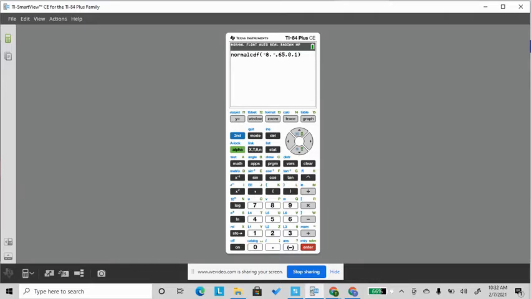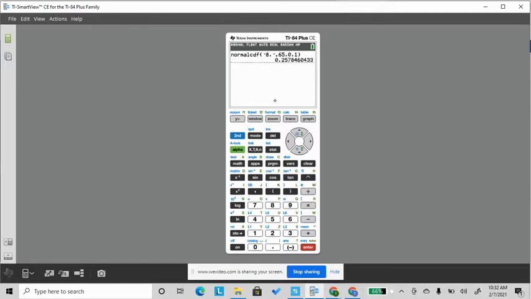Now, if you have an older version of the calculator, this is what you're going to have to type in: -8, comma is above the 7, then your Z, and then your 0 for your mean and your 1 for your standard deviation. When I hit enter, there's the area for the chart. So this function replaces you looking up a number off of this chart. It replaces the Z-score chart.